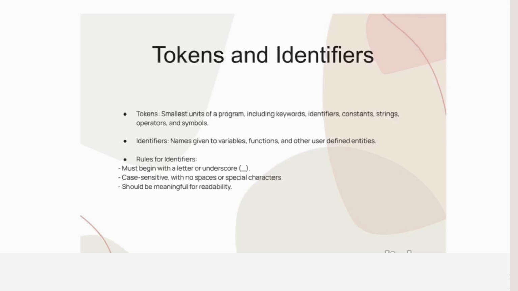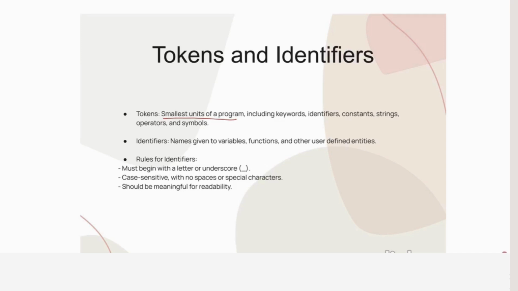Let us understand some important fundamentals of C programming. Tokens and identifiers. Tokens are the smallest units of the program, like keywords, identifiers, constants, strings, operators, symbols. From these tokens you can create expressions and then executable statements.